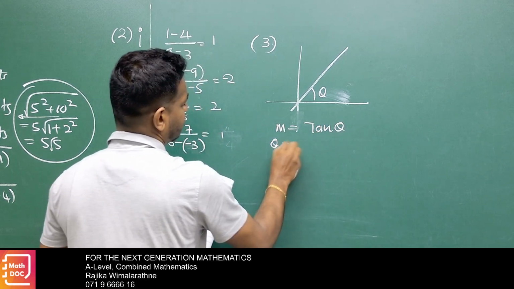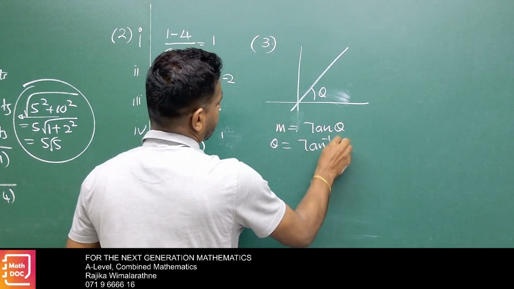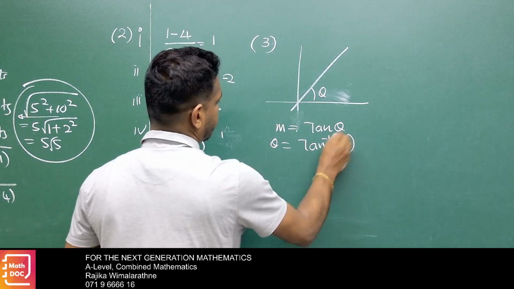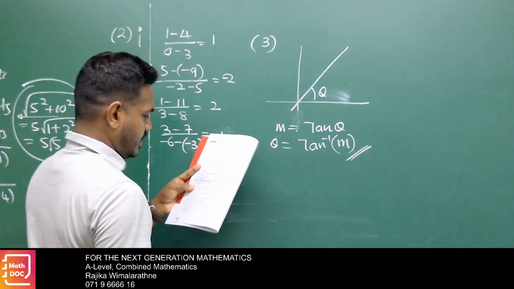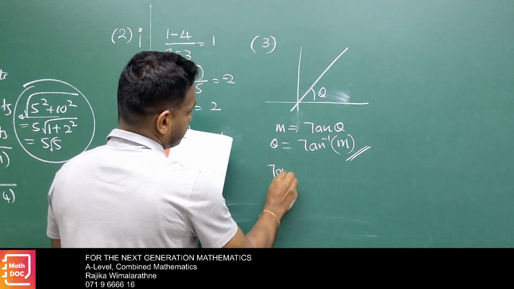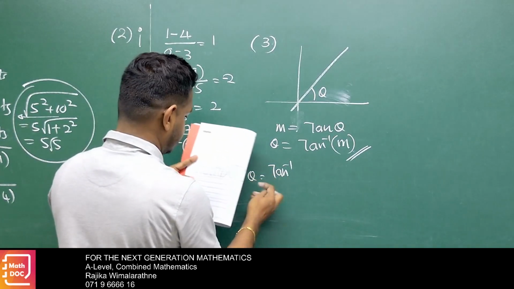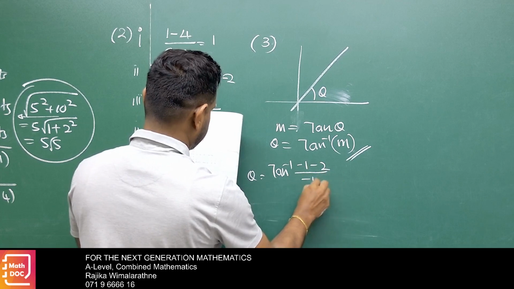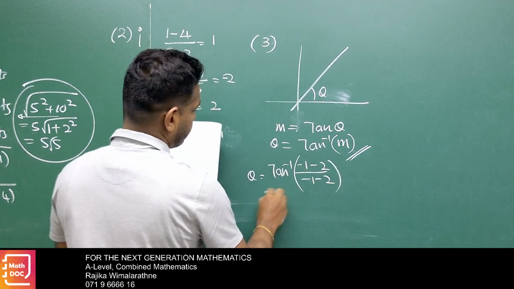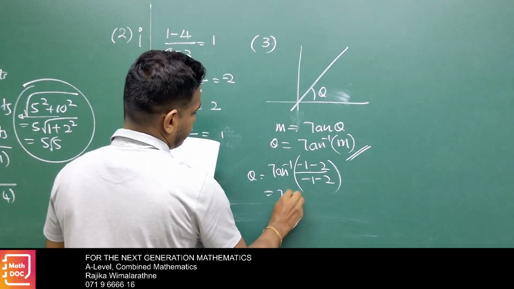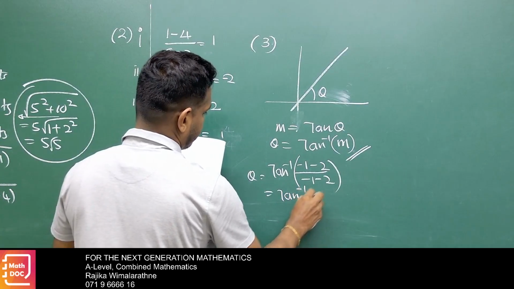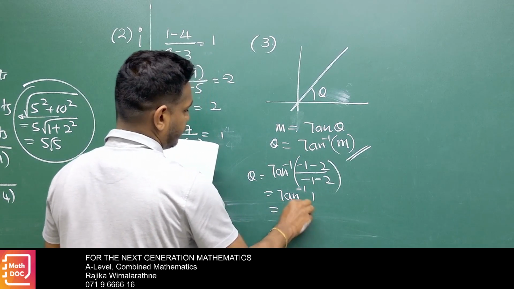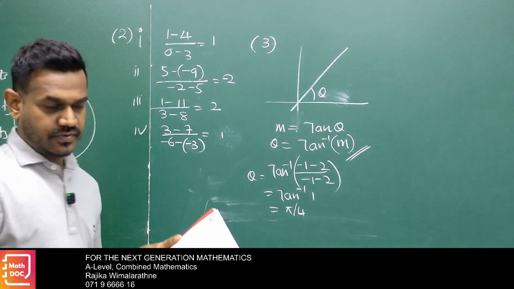Then theta equals tan inverse m. Then you write theta equals tan inverse of y difference over x difference: minus 1 minus 2 over minus 1 minus 2. Here tan inverse 1 equals pi divided by 4, no? Angle pi divided by 4.